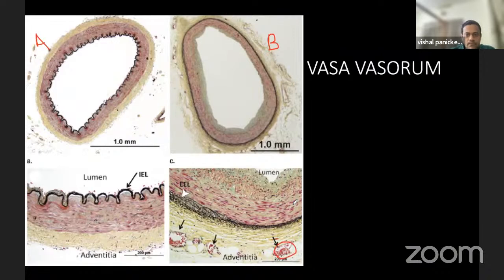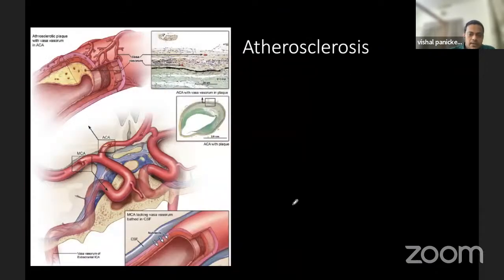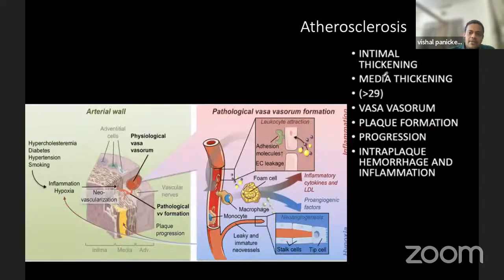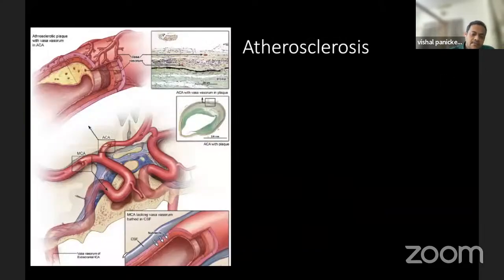With the progression of atherosclerosis, the intimal layer gets thickened initially, followed by the media thickening, and there will be hypertrophy of the muscular layers, and this leads to an increased demand for nutrients. Usually the nutrients of the intracranial vessels come from the CSF outside and from the blood inside.